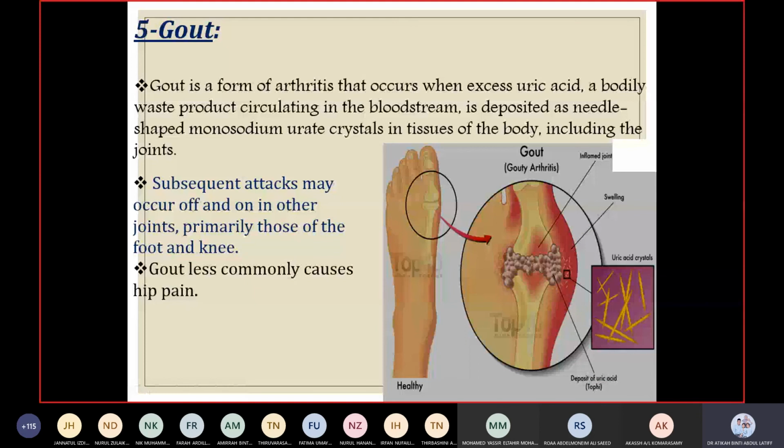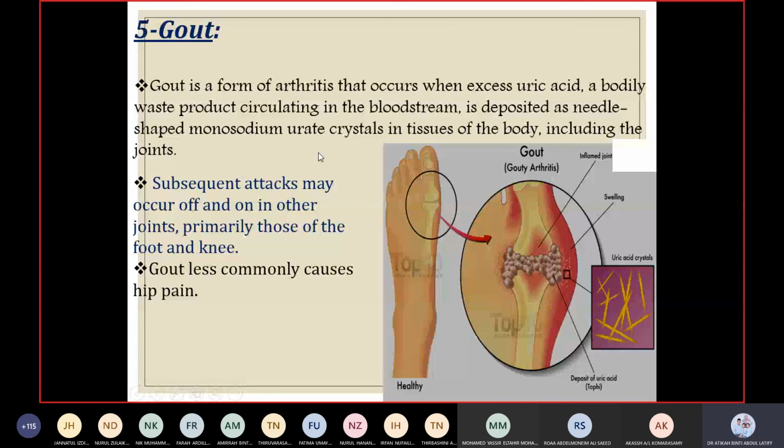Okay, next is gout. I think you've heard of gout, right? If you eat too much, if you ingest too much purine, it can sometimes be deposited as uric acid crystals in the joints. Usually it is the big toe. This is the most commonly affected joint, where they get swelling of the big toe in gout.